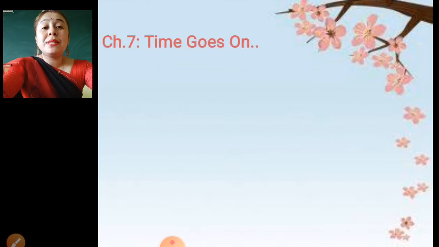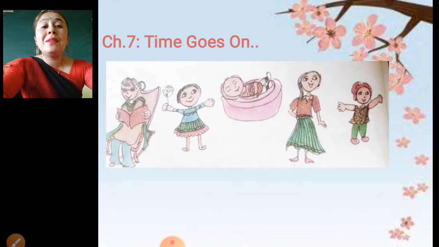So in chapter 7 we will learn Time Goes On, okay, in which we will learn about the different stages of growth along with time. For example, you can see in the picture that few years ago you were a baby, yes, now you are in the age of 7 to 8 years, and next year you will be older.